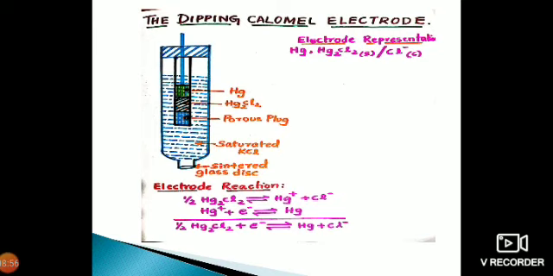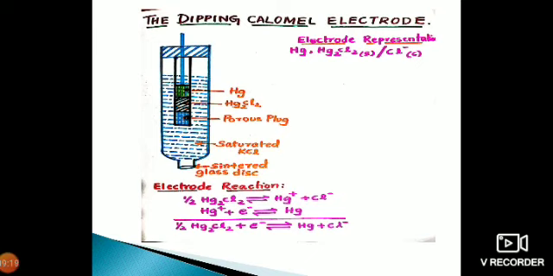Here we have taken a saturated solution of KCl, and the electrode reaction is half Hg2Cl2 giving rise to Hg plus Cl minus, and Hg plus electron giving rise to Hg. That is the reduction reaction. So the overall reaction is half Hg2Cl2 plus electron giving rise to Hg plus Cl minus.